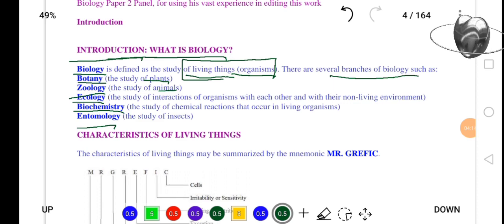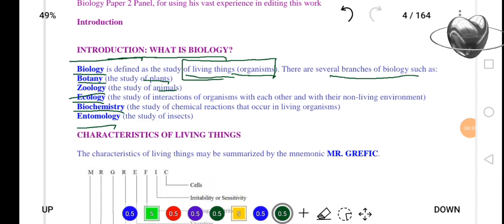For example, when we are in a class, we are going to have books. We are going to be sitting on the desk. Every time when we are looking at what we interact with very much, we do interact with non-living environment.